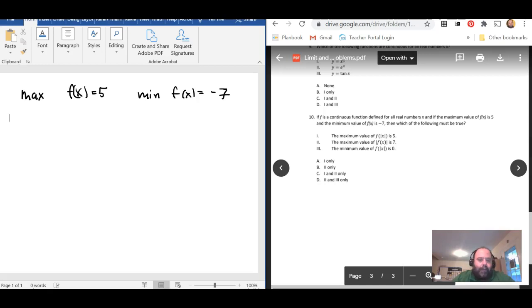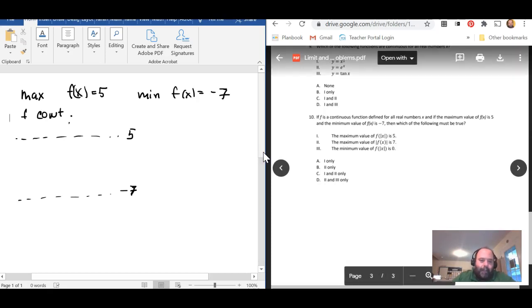And the only other thing I know is that f is continuous, right? So this means that somewhere on my graph, this thing tops out at 5 and bottoms out at -7, and it's continuous. Okay, now, can I concoct a situation that would make the first one false?